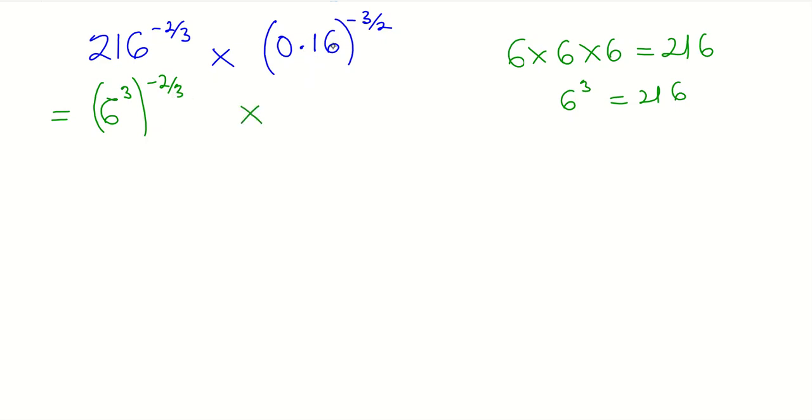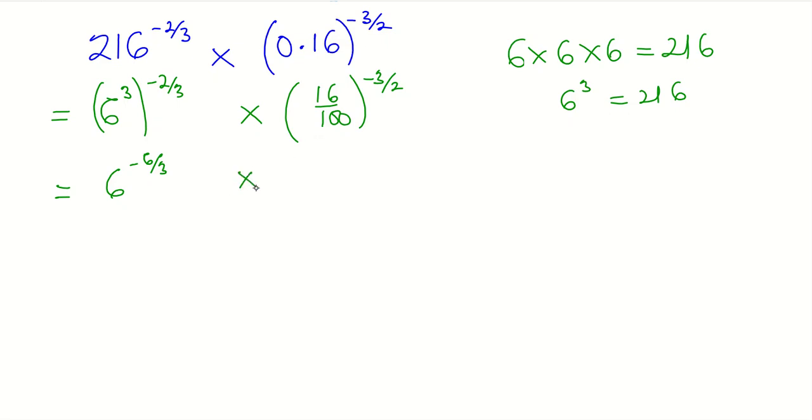We also know that 0.16 is the same thing as 16 out of 100. So we simplify this as 16 out of 100 exponent negative 3 out of 2. Now we can multiply the exponents at this side. If that's the case, then we have 6 exponent negative 6 out of 3. And we continue to this side.